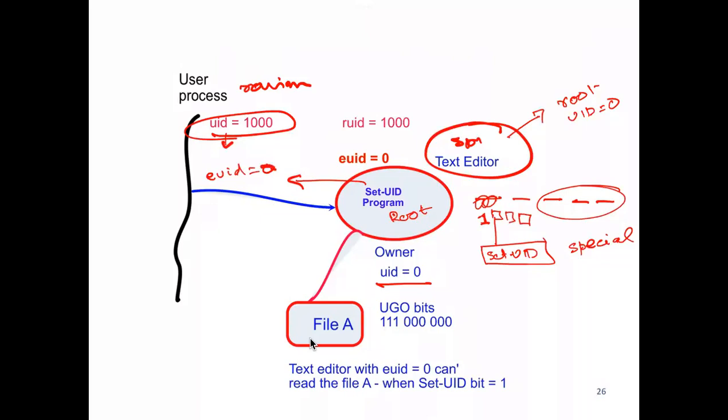As a result of that, this program can do reading or writing on this file on my behalf. But I am still not directly doing that. I am not allowed to do that. But for this program, the user ID becomes 0 or root. And then we look at the permissions of root. The OS will look at the permissions and allow this file access.